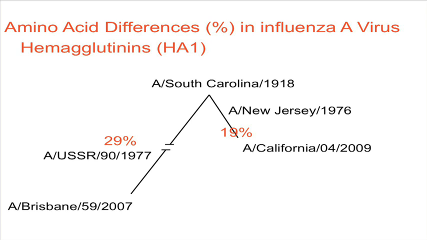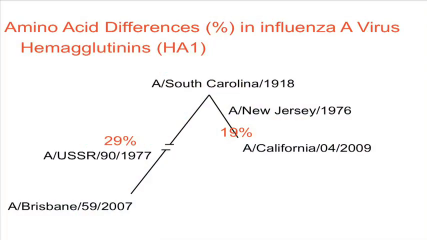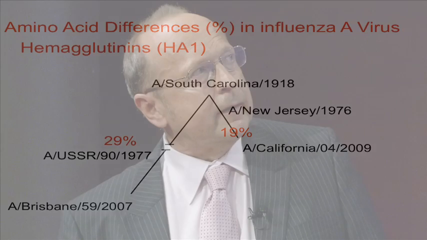And on the other hand, it also went into humans, and we still have H1 viruses, as you remember from one of the first slides, and there we were able to make this comparison, and this shows us that this new swine virus, the California virus, is fairly closely related to this original 1918 virus.